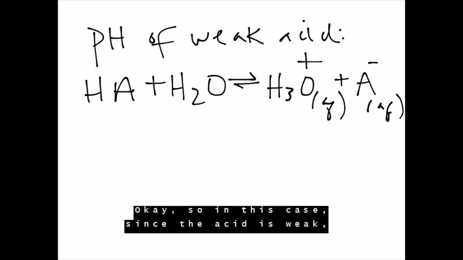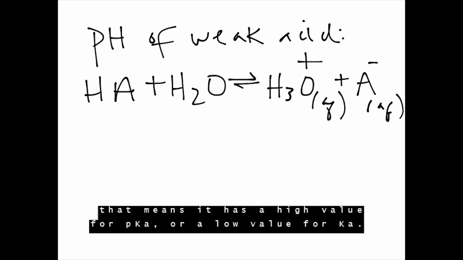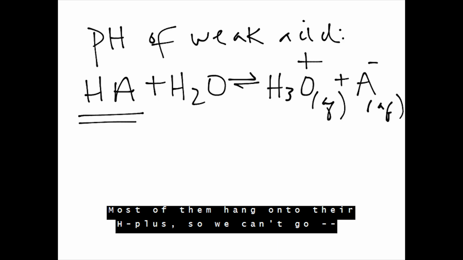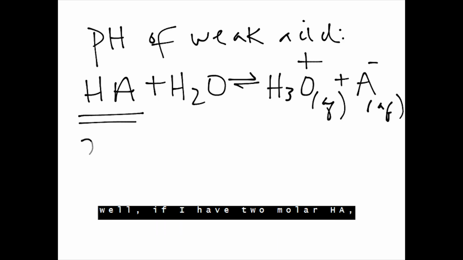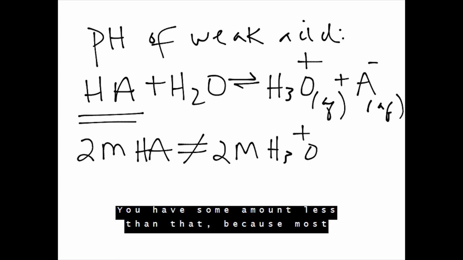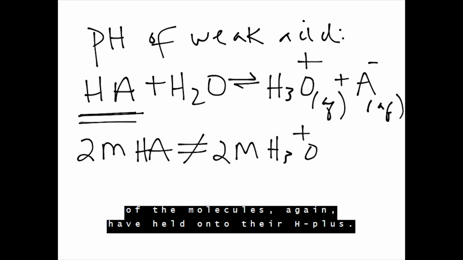Since the acid is weak, that means it has a high value for pKa or a low value for Ka. It means most of the molecules stay in this form. Most of them hang on to their H plus. So if I have 2 molar HA, that does not mean you have 2 molar H3O plus anymore. You have some amount less than that because most of the molecules, again, have held on to their H plus.